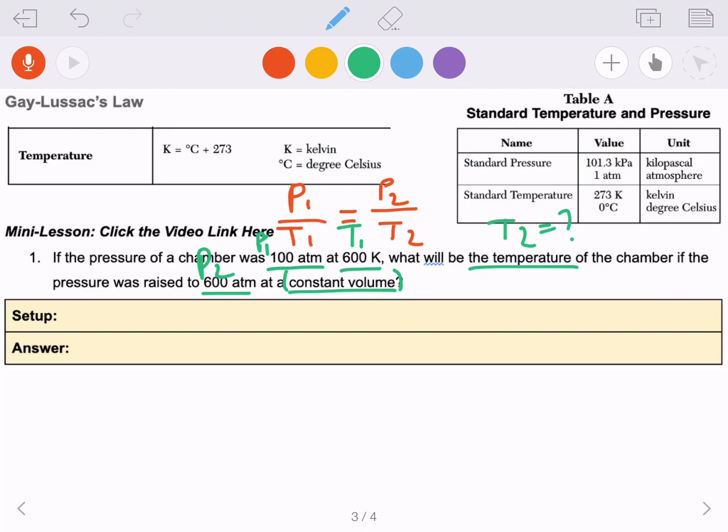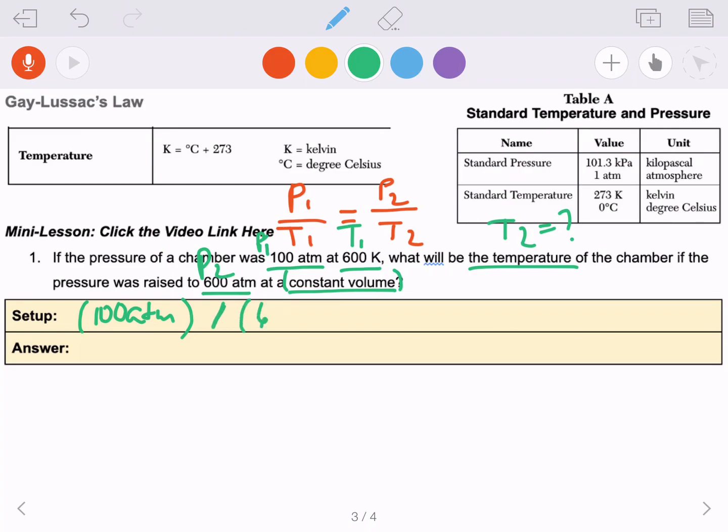Right? So I'll ask you for two things, the setup and the answer. So let's start with the setup. Let's plug in what we know into my Gay-Lussac's equation. So P1, it says, is 100 atmospheres. All right, and I'm dividing that by my T1.